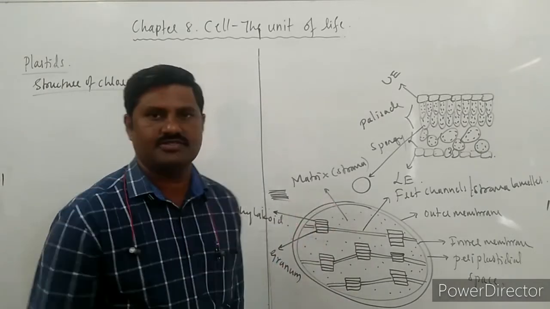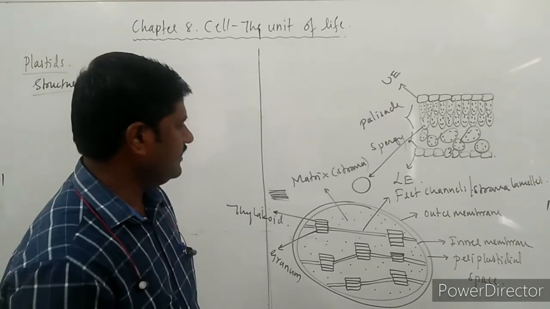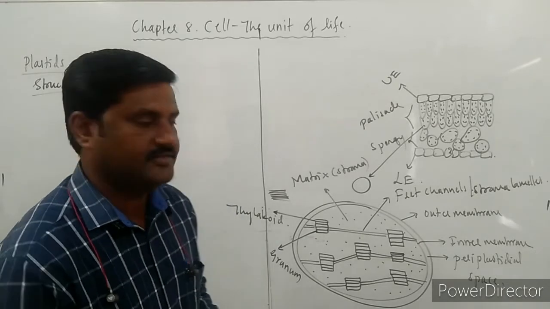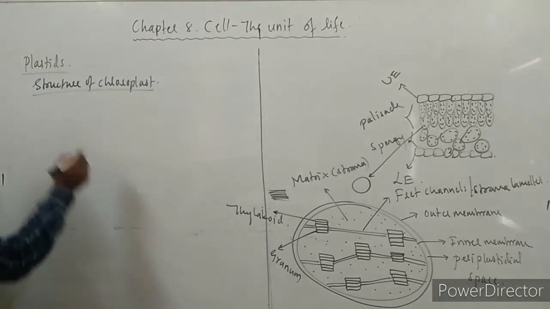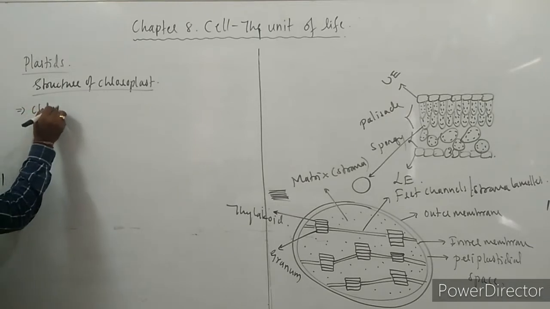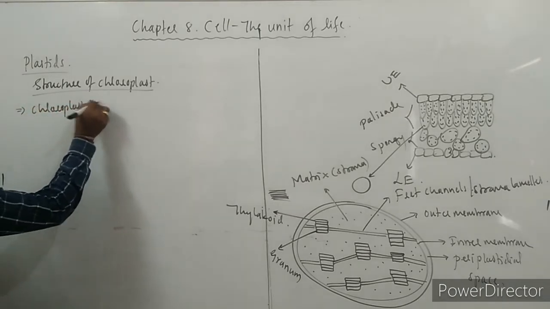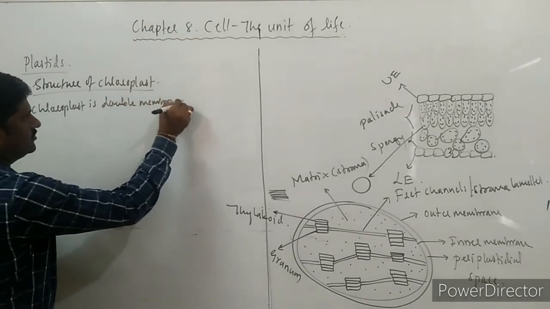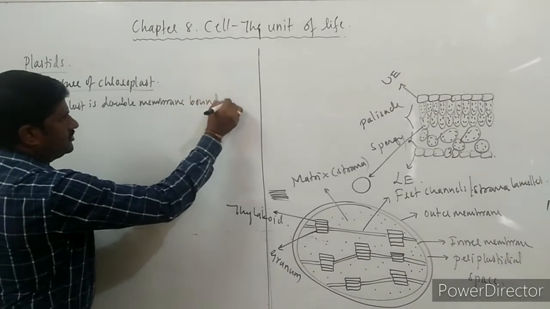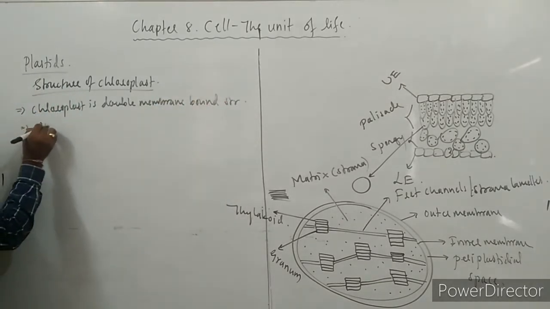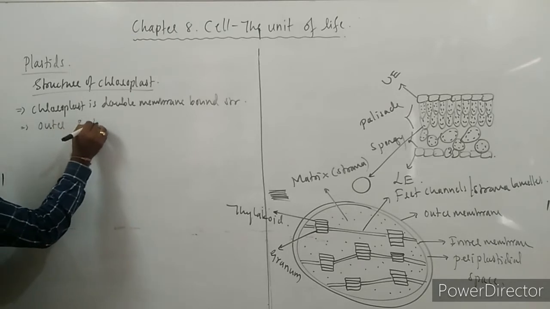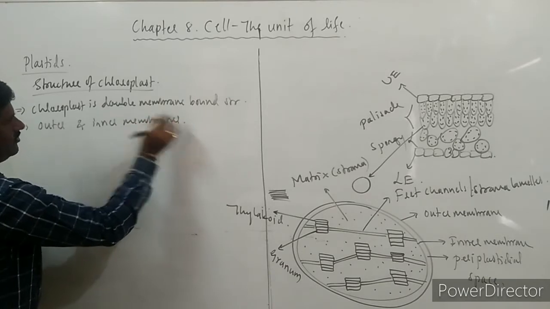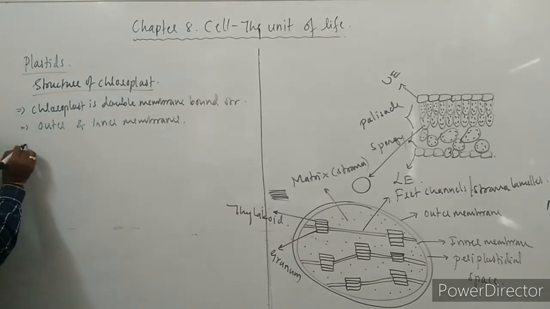This is how the ultrastructure of chloroplast is, right? Outer membrane as well as inner membrane. There are two membranes, hence it is a double membrane bound structure. See here, chloroplast is a double membrane bound structure which has outer as well as inner membranes, right?